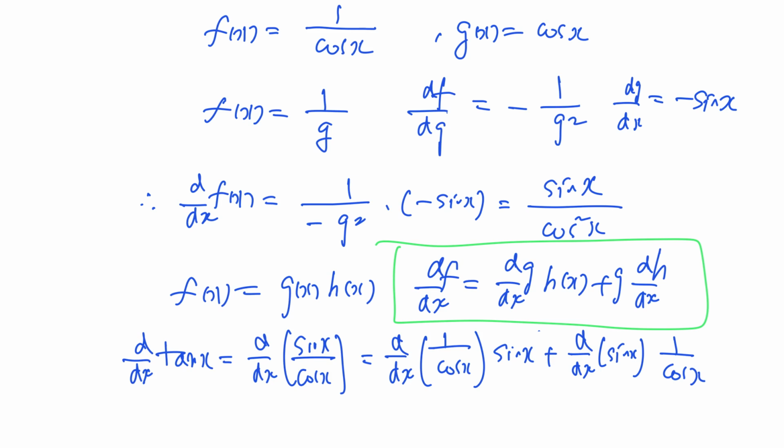And we just did that, so this is sine x over cosine square x times sine x, plus cosine x times 1 over cosine x, which is equal to 1.